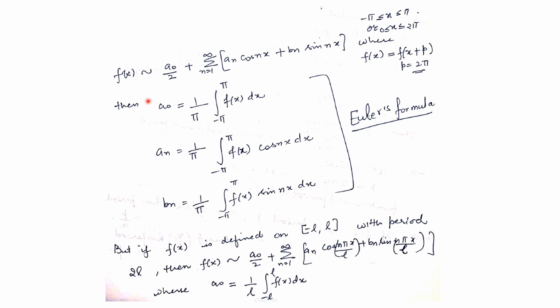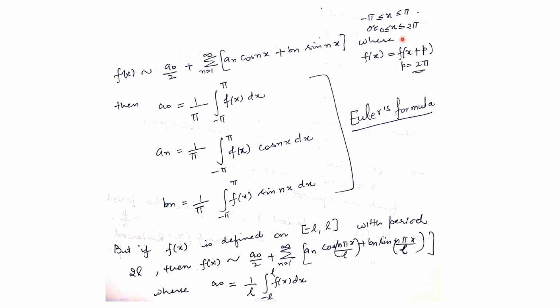Now just see, we are given a function which is periodic with period 2 pi. It is defined on the interval either minus pi to pi or 0 to 2 pi. The period will be evaluated from the interval's length, that is 2 pi minus 0 or pi minus minus pi, which will become 2 pi.